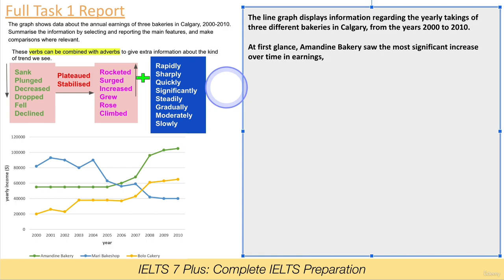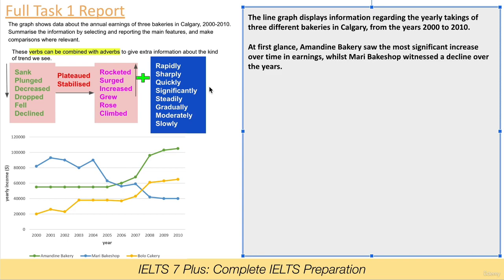It's okay to repeat, to use the word from the question once or twice, as long as we're not repeating ourselves too much. That's the most important thing. Whilst Marie Bake Shop witnessed a decline over the years. Okay then, so I think that's good.